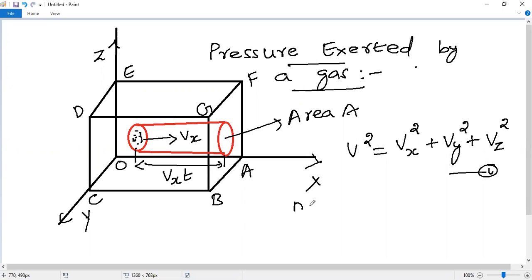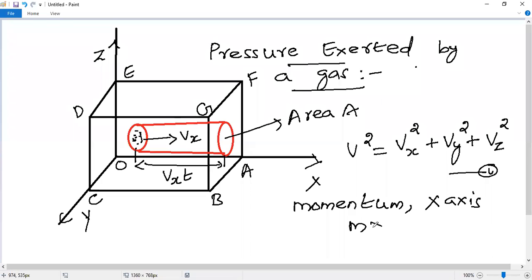Already we know very well the momentum formula: momentum is mass into velocity.